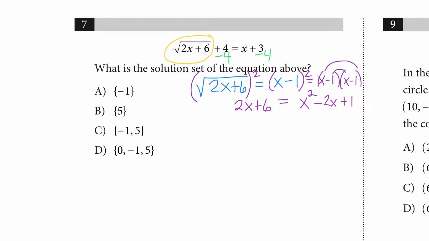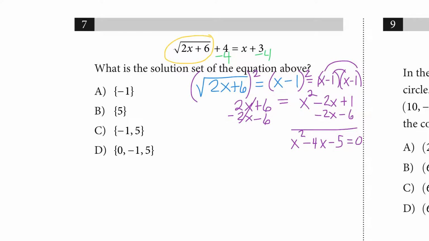So now you have a quadratic equation, and we need to subtract 2x. No, the 2x's do not cancel out. We need to get them on one side to have this in standard form. Minus 6 here and a minus 6 here. So this will leave you with x squared minus 4x, and then plus 1 minus 6 is a minus 5, and that is equal to 0.